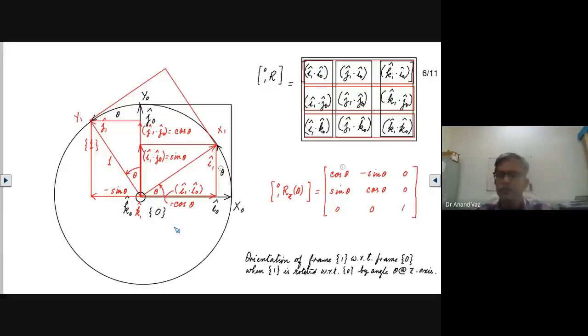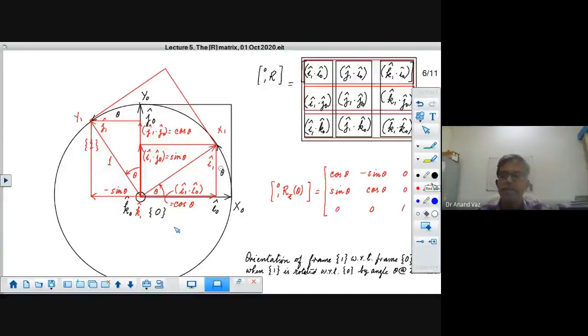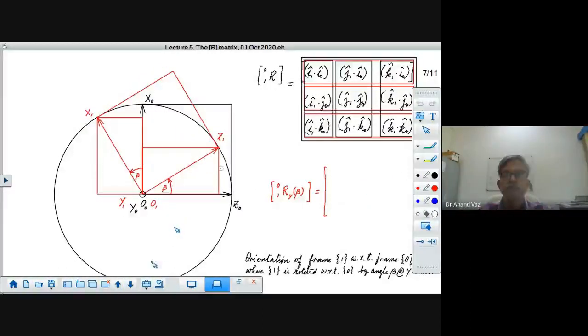So let's proceed now. Let us take, if the frame 1 is rotated with respect to frame 0 about the y axis. I've already prepared something before so that we save some time. Here you can see that we have got y0 and y1 as if they are coming out of the board.